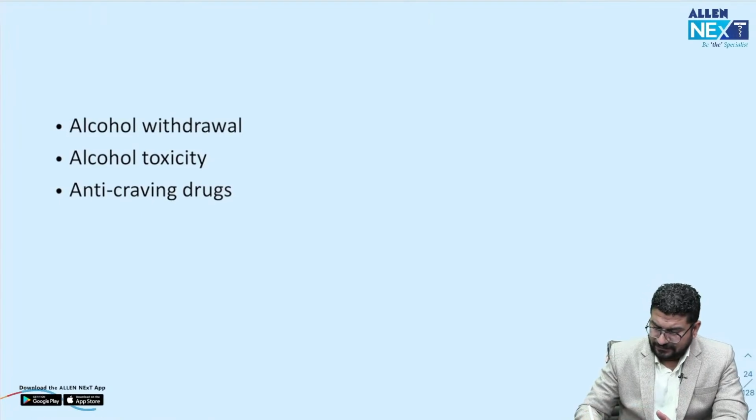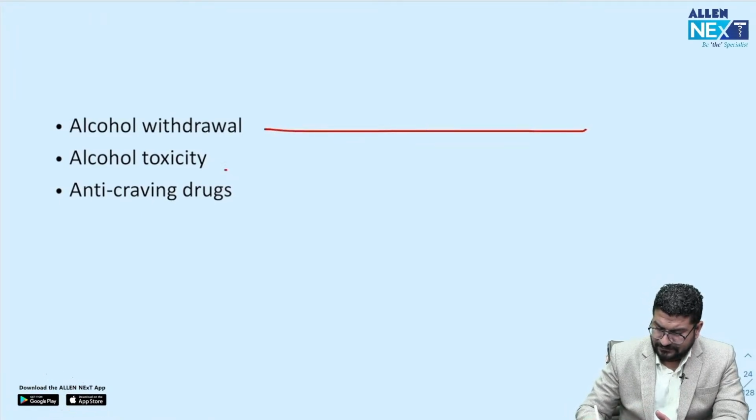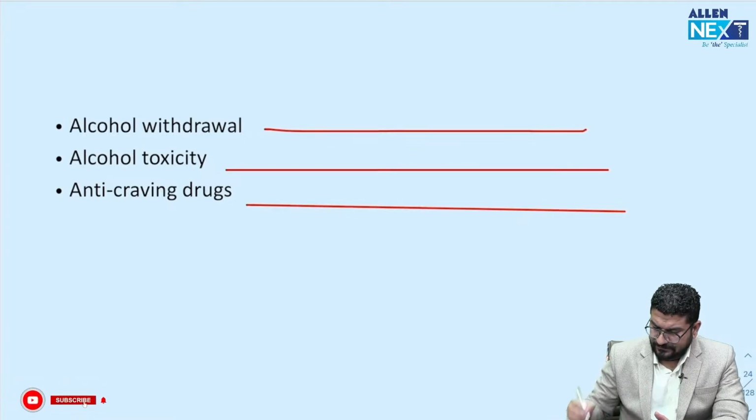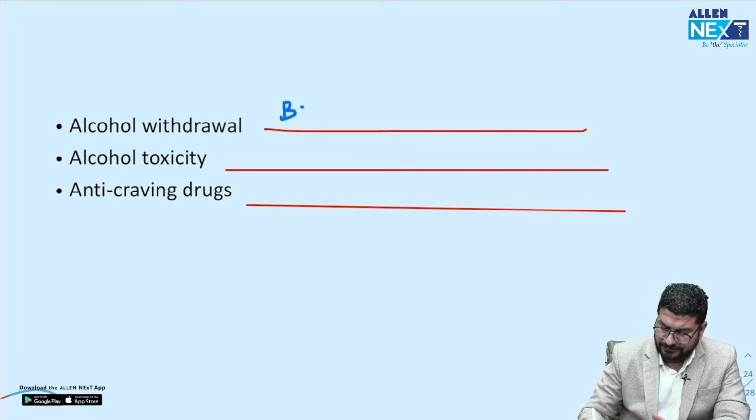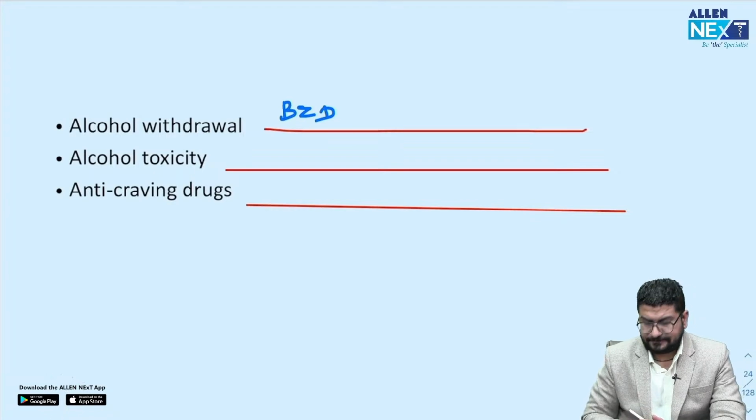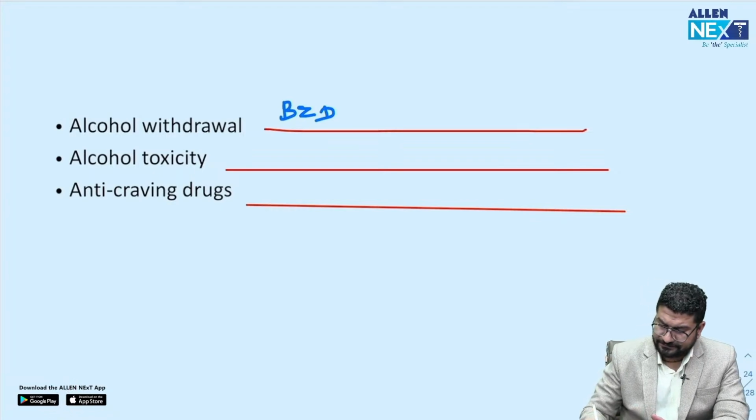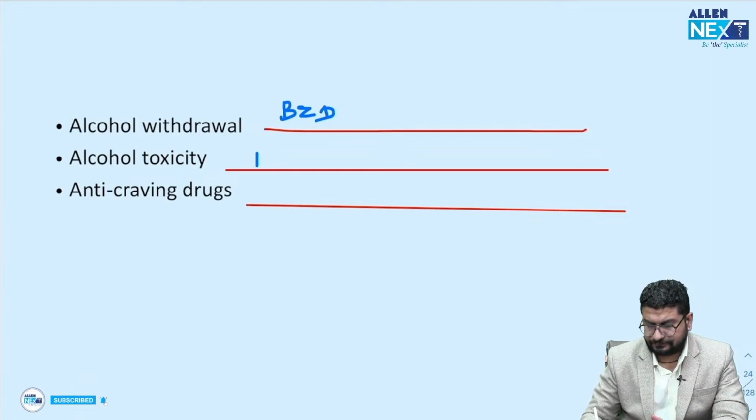Okay, then 3 questions which look similar. They sometimes ask in exam. So understand. Alcohol withdrawal. What drug will you use in alcohol withdrawal symptoms? We will use benzodiazepines. In alcohol toxicity, what will you use?